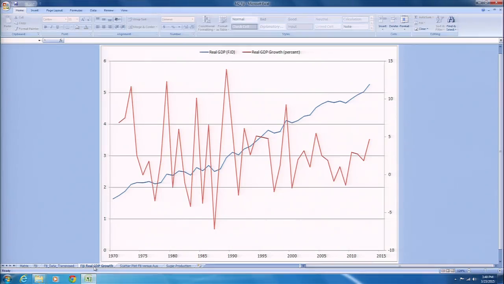I mean, it's been rather volatile. Certainly it's been largely positive, but there have been quite a few episodes where the growth rate has been negative. But there's certainly a lot of volatility in the growth rate of Fiji, suggesting that they have been subject to a significant amount of shocks in their upward growth path.